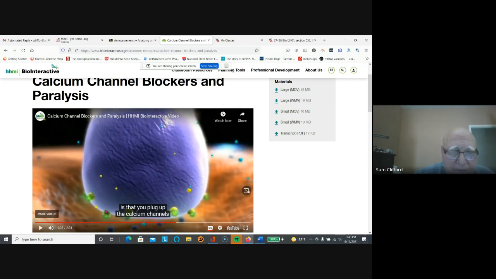With no calcium, there's no release of the neurotransmitter. There's no opening of the chemically gated channels on the motor end plate. And there's no change in voltage because sodium is a positive ion and it rushes into the inside of the cell. It causes that change in voltage to open up these voltage gated channels.